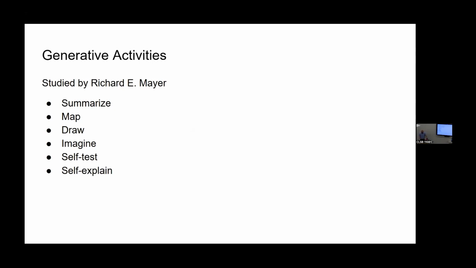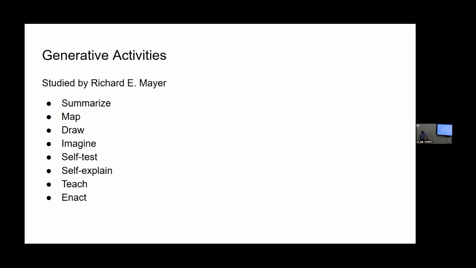Self-explain, talk to themselves about how something works, teach someone. If you have time, you can, in your presentation, have people turn to a neighbor and tell them how something works. This can also be used without other people. You can ask people, when you go home, if you have a pet, explain to your pet how this works, or explain to a stuffed animal how this works.